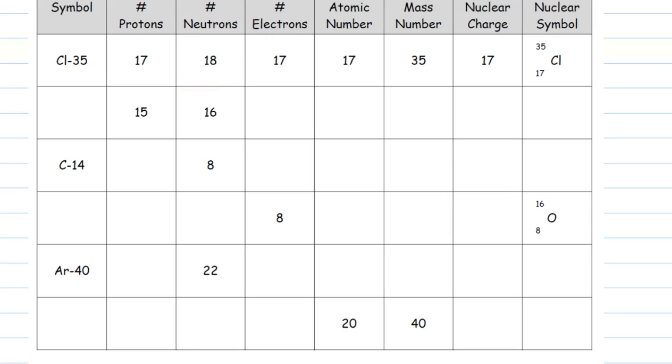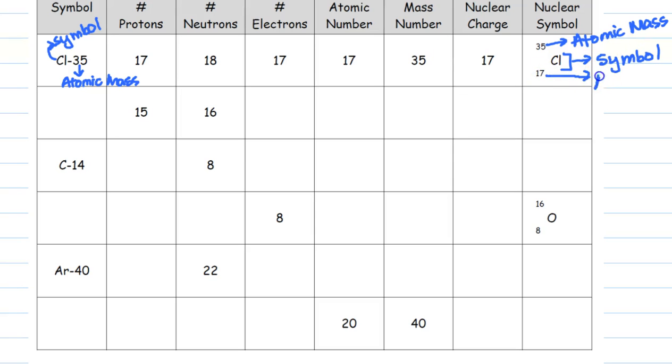When we write a chemical symbol, this is going to be the symbol from the periodic table. And this number is going to be the atomic mass rounded to a whole number. If you're writing a nuclear symbol, then this is the symbol from the periodic table, and this is the atomic mass, and this is the atomic number.